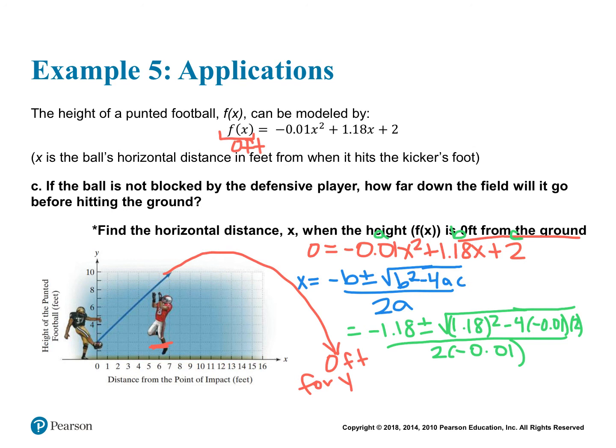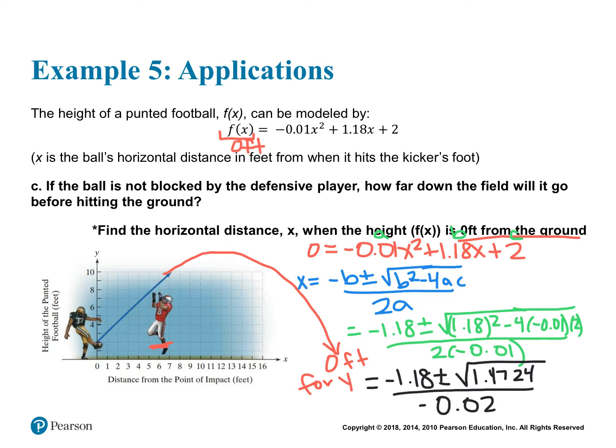So we have a lot to do in a calculator here. We'd have negative 1.18 plus or minus. If I put all the inside stuff together, you're going to get 1.4724. And on the bottom, you get negative 0.02.